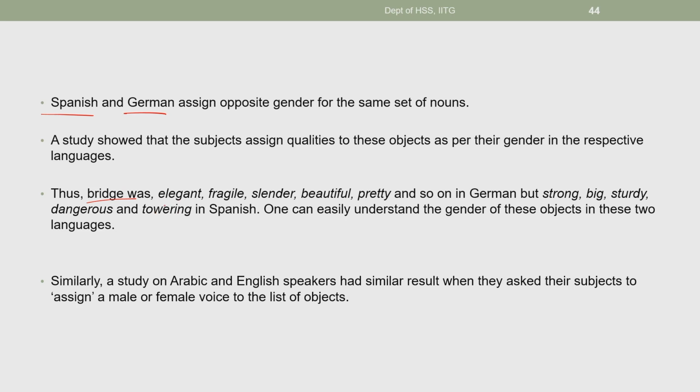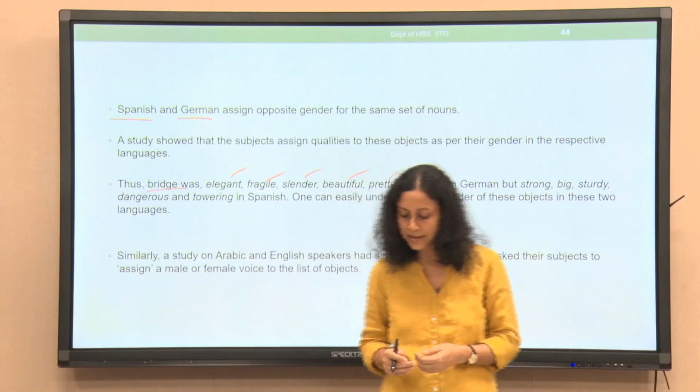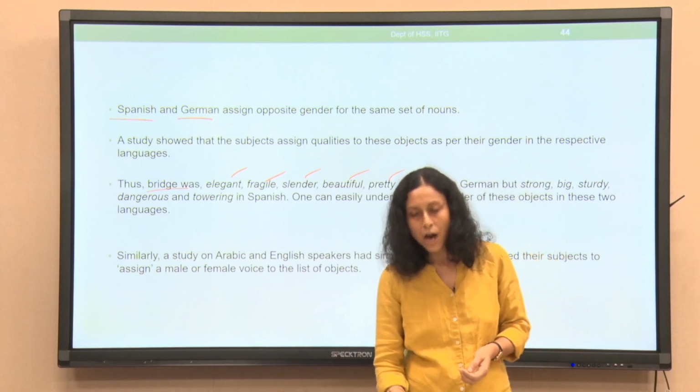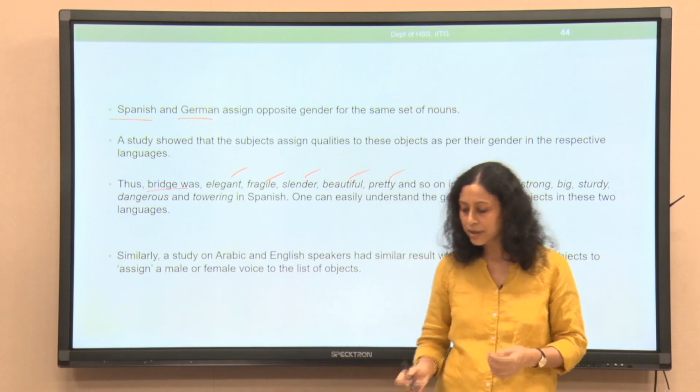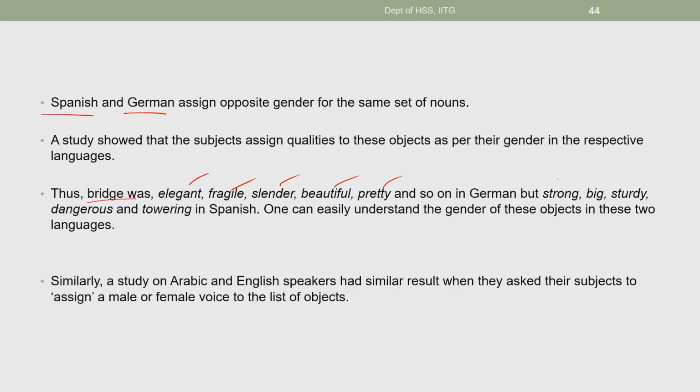So, bridge got elegant, fragile, slender, beautiful, pretty and so on in German, because in German the noun bridge is feminine. However, the same noun bridge is masculine in Spanish, and the researchers found that the Spanish speakers used different adjectives to describe the bridge.